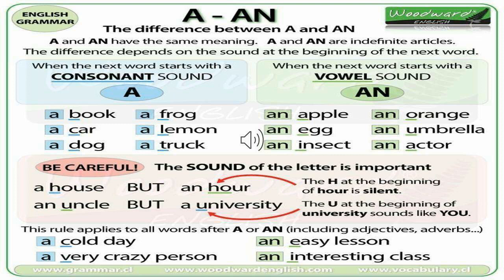An uncle. But a university. The U at the beginning of university sounds like "you", right? This rule applies to all words after "a" or "an", including adjectives, adverbs, etc.